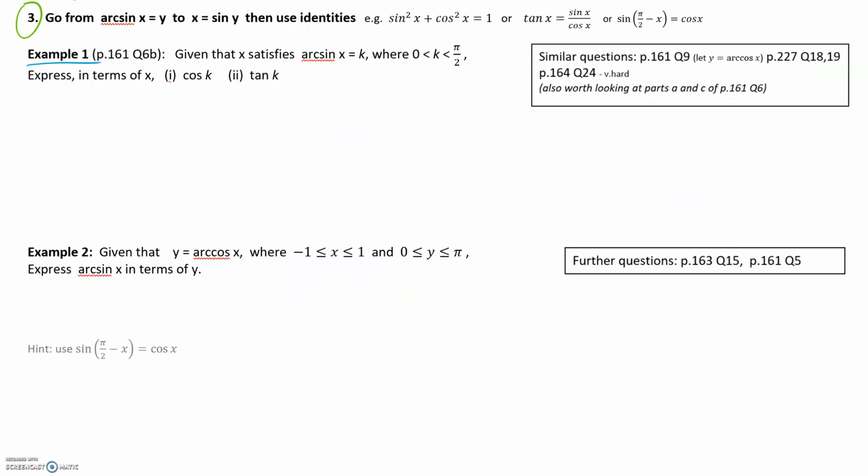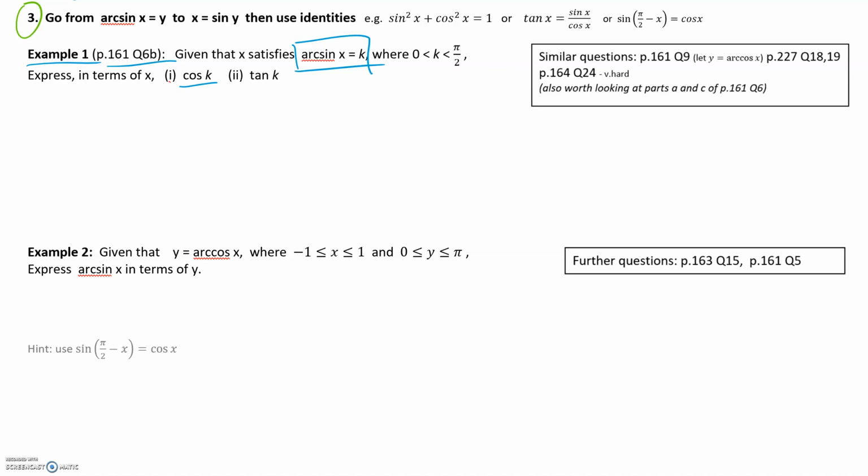Okay, so example 1 is just taken from the textbook, page 161, question 6b. I think this is a good example to practice inverse trig functions with. It says you start with this and you've got to end up working out what cos is in terms of x.